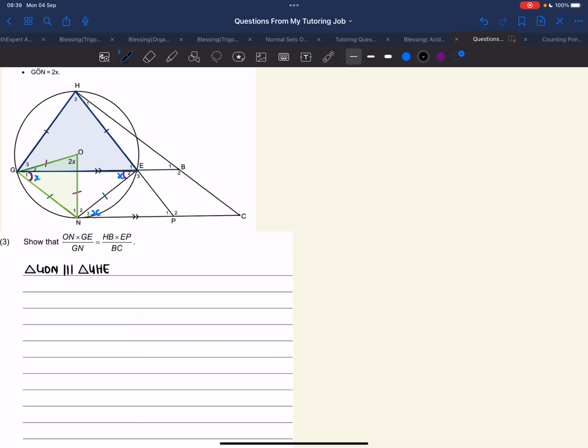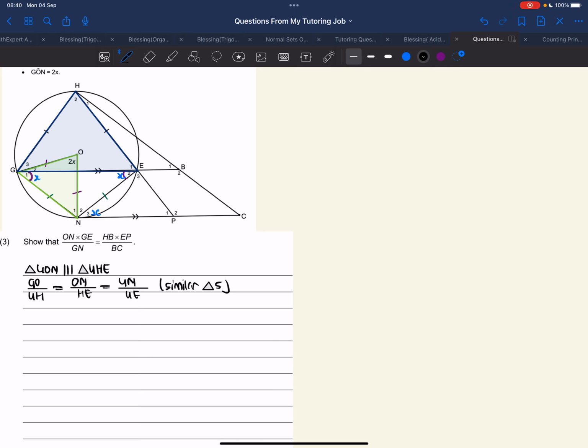We're going to say that GO over GH is equal to ON over HE, which is equal to GN over GE. Then we just say similar triangles.